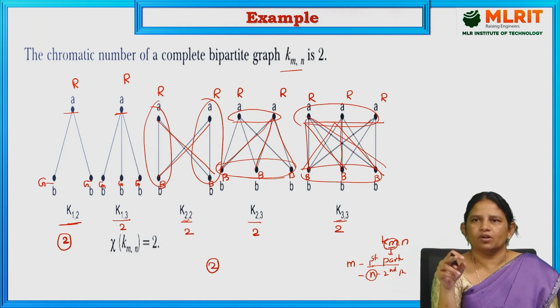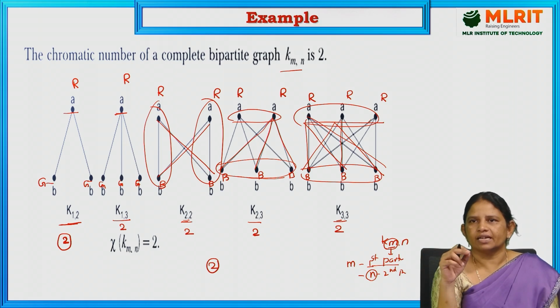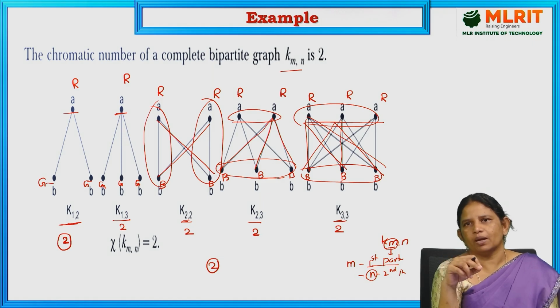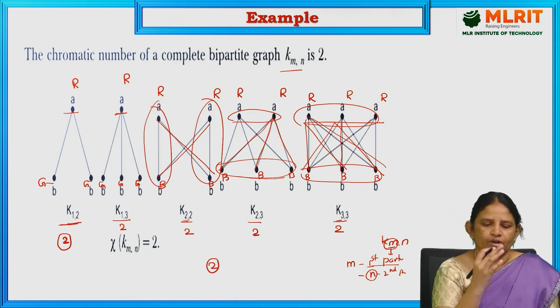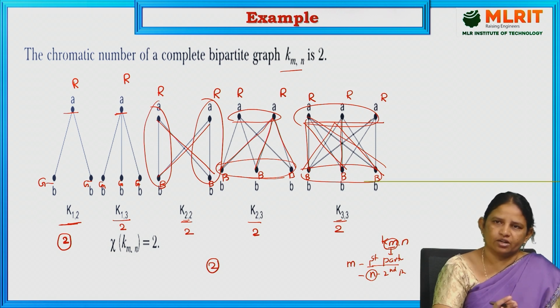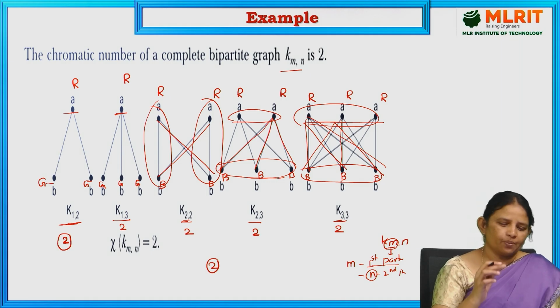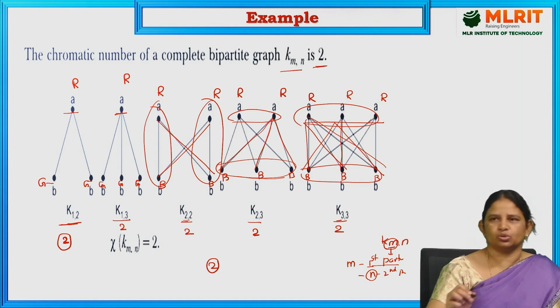If the number of vertices is even, the chromatic number is 2. That is the cyclic graph. Whereas for the complete bipartite graph, the chromatic number is 2.